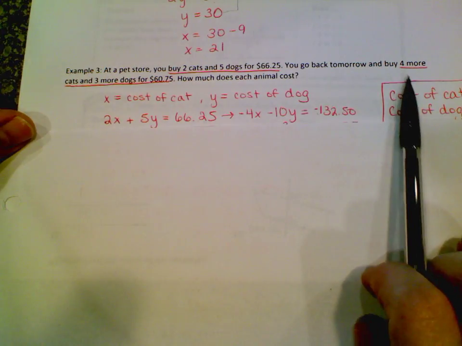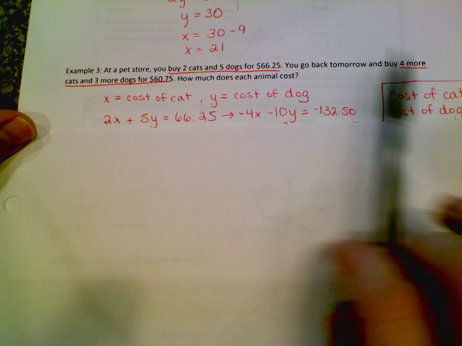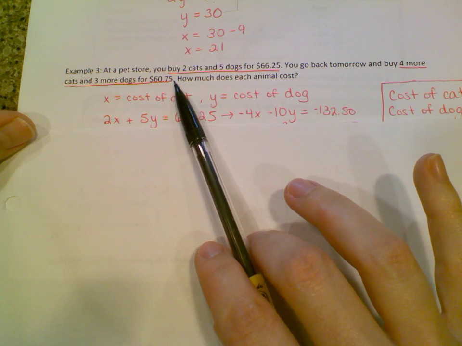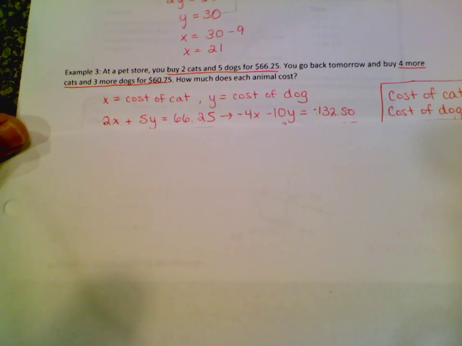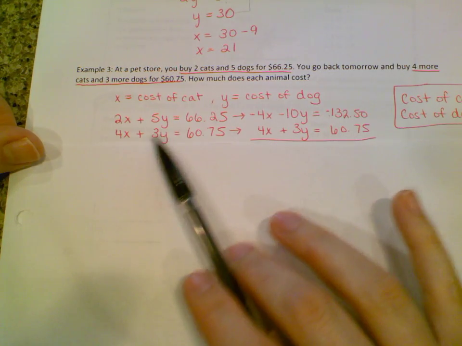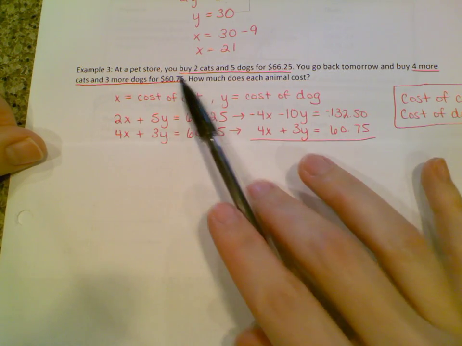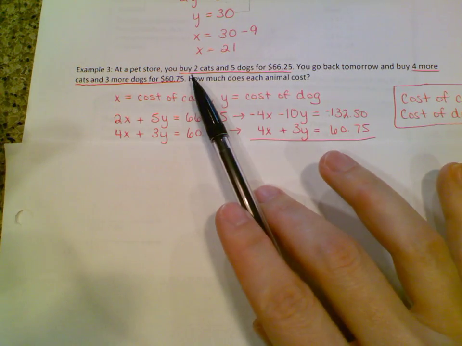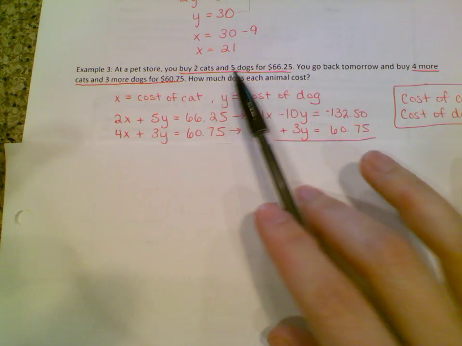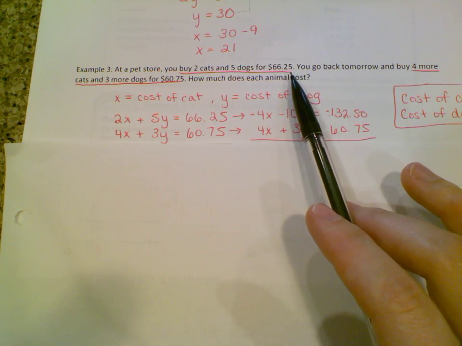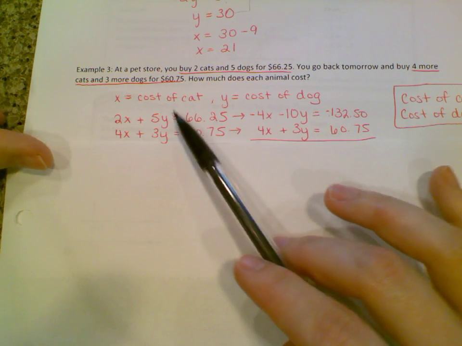Then my other important information that I underlined was the 4 more cats and the 3 more dogs for $60.75. So in that case, I'm going to write 4x, 3y, and then my total is $60.75. In this case, where they are giving me specific objects for a total, they are laying out what those equations should look like. Now my system is set up.